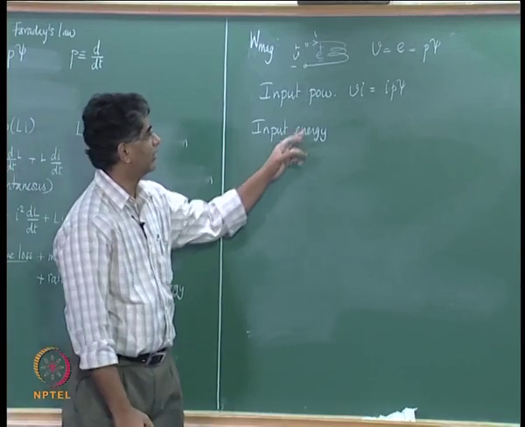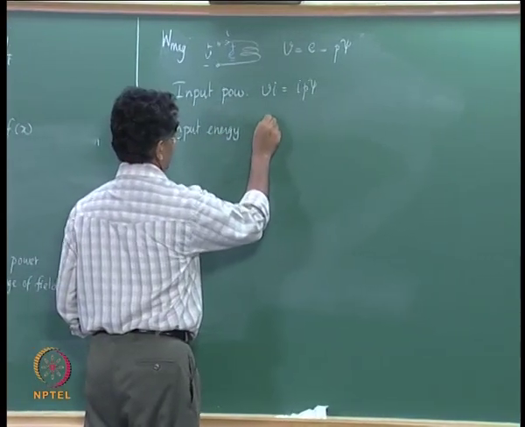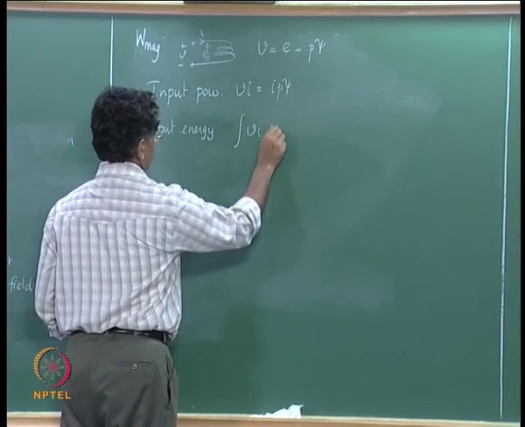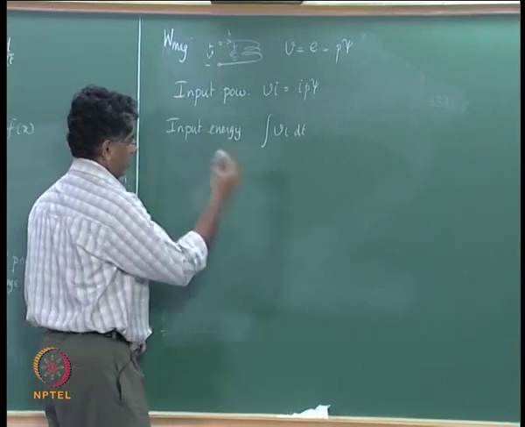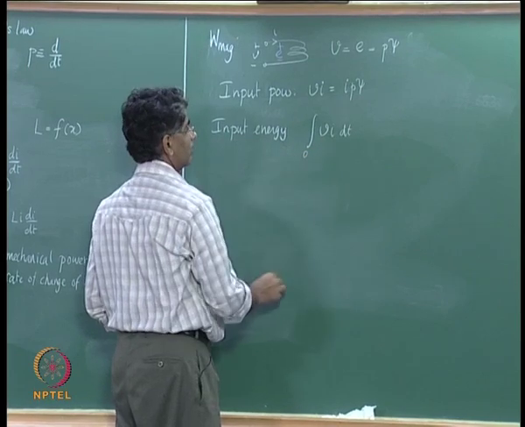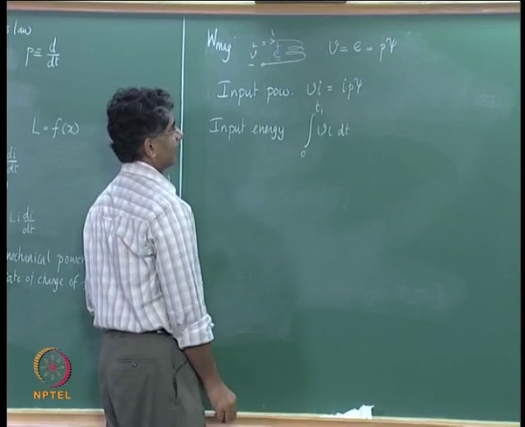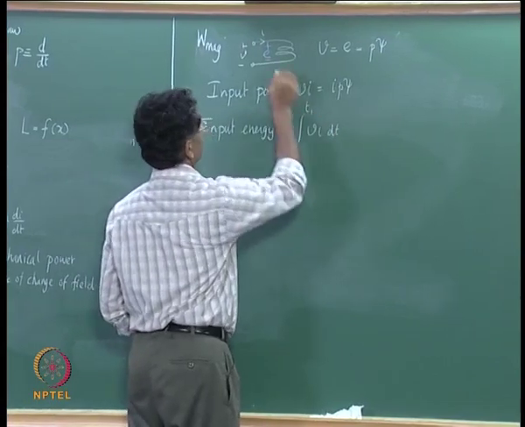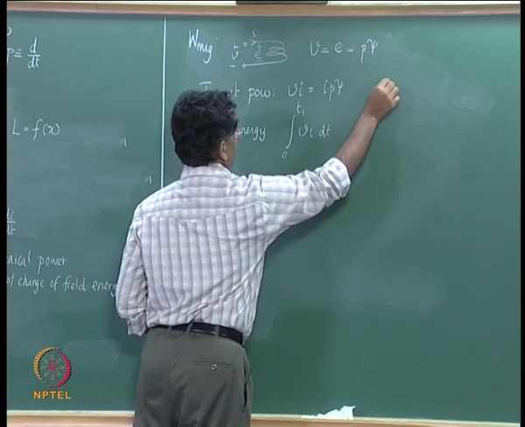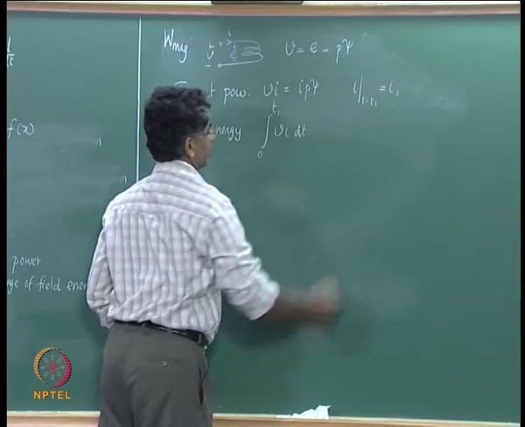Energy is nothing but the integral of input power, and therefore I can write this as integral of V I dt. If you start this whole system at t equal to 0 and you want to find the energy at some t equal to T1, at t equal to T1 this value of I has reached some value I1. So I at t equal to T1 is equal to I1.